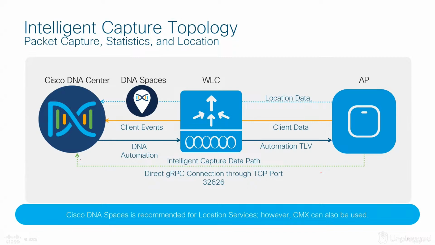And the reason we're doing that is really for speed and freshness of data. When you start looking at PCAPs, or maybe it's signal strength from a client, you want it to be as real time as possible. So you're not going through the controller, adding any latency or buffering. And we're doing that through a TCP port, and we're using a Google remote procedure call. So if you've got internal firewalls, just make note of that. You do have to have that path open if you want to use the intelligent capture capability.